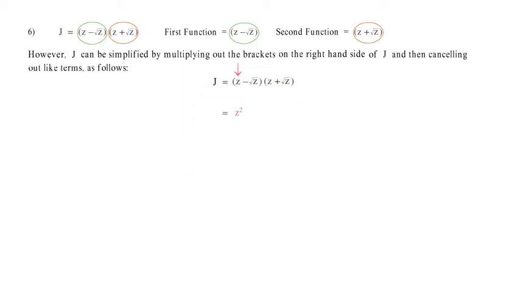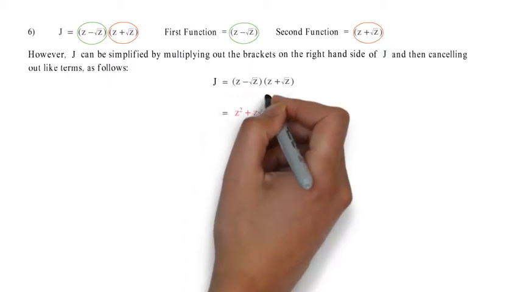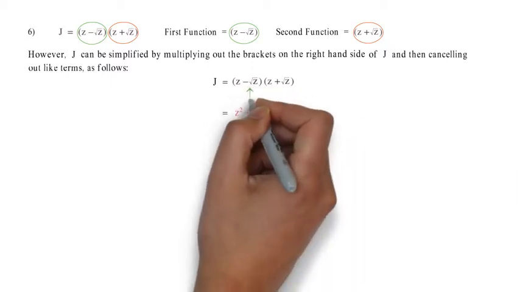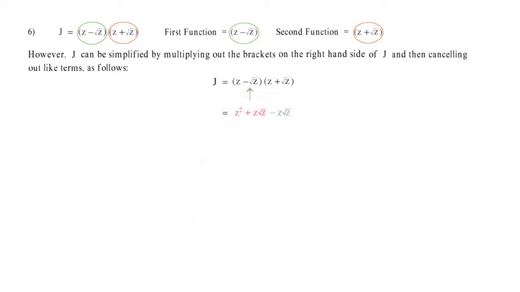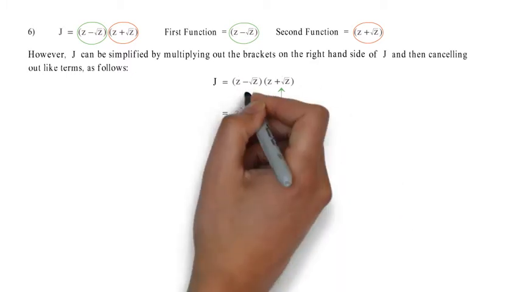z times plus root z is plus z root z. Minus root z times z is minus z root z. And minus root z times plus root z is minus z.